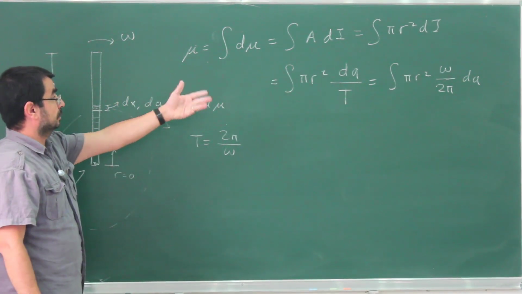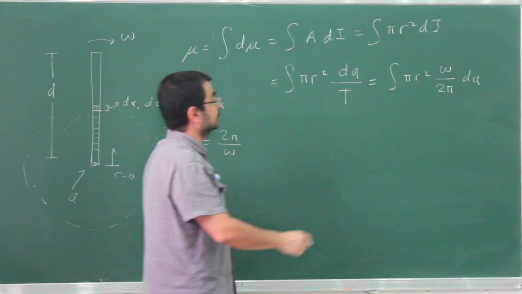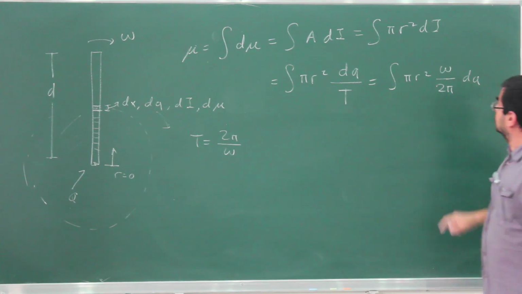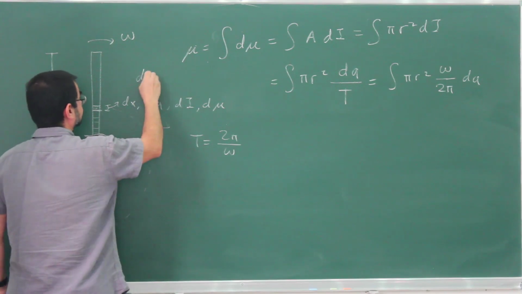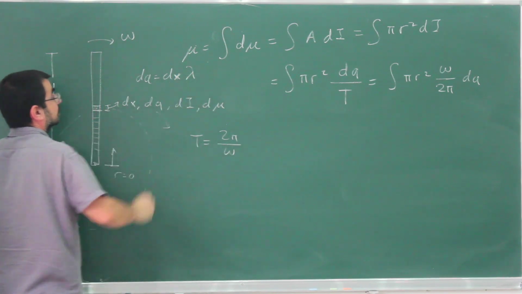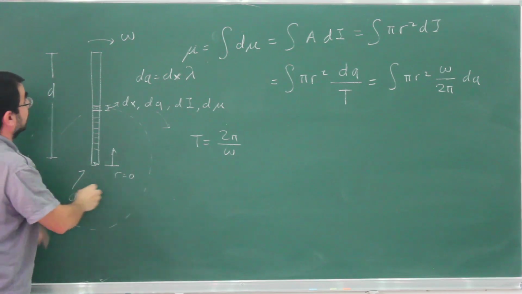Now I need to get some limits for this integration, and I need to make my integration variable compatible with those limits, or vice versa. Either I change the function inside and make it compatible with my integration variable, or I change the integration variable and make it compatible with the arguments and the limits. I think it's easier to change this one. This dq is basically this dx times lambda, the charge density, but lambda is nothing but the total charge divided by the length.